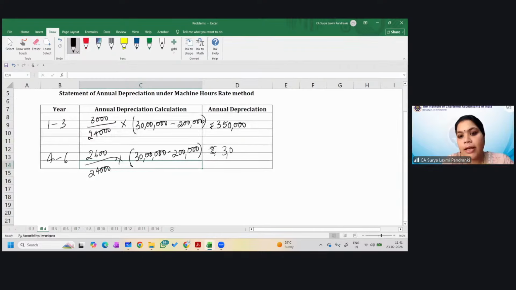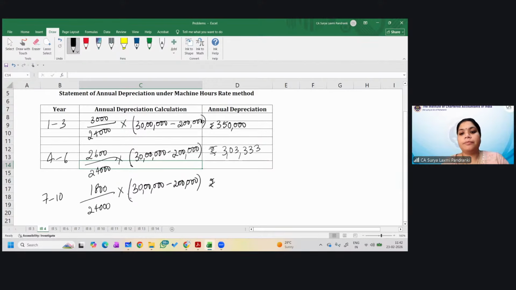Which is 3 lakh 3,333. Okay, got it. Next one is 7 to 10. Here 7 to 10, it is 1,800 divided by 24,000 into 30 lakhs minus 2 lakhs. What is the answer? 2,10,000. Okay.